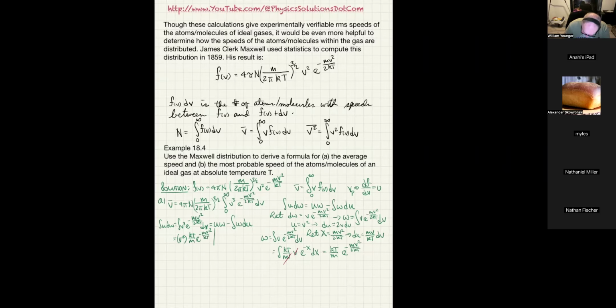Now we're integrating from 0 to infinity, so that's where we have to evaluate the u omega. Now I'm saying minus the integral of omega du. We found out already that omega is kt over m times e to the negative mv squared over 2kt, and the du is 2v dv. Now I need to separate this work here, so I'm just going to draw this line around it.